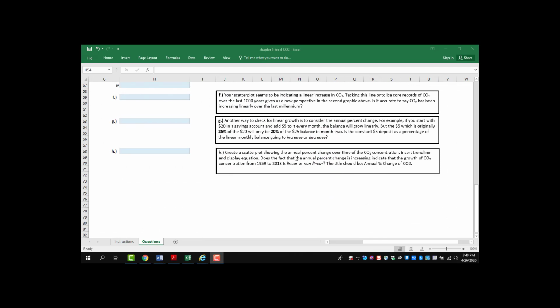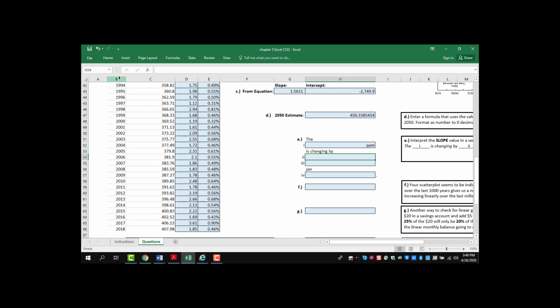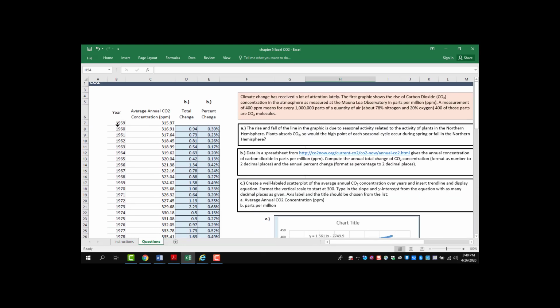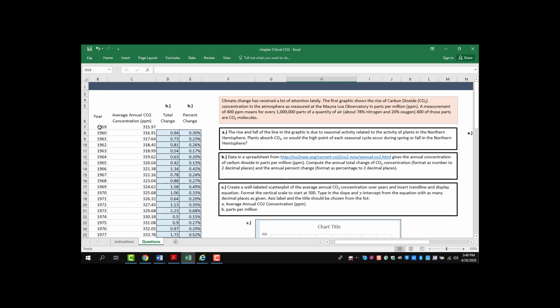I just want to do the scatter plot showing the annual percentage change, and that's what I'm going to use. And then from what we just did, I'm going to put it here. And so what I'm grabbing is starting with 1960, because there was no percent change in 1959.